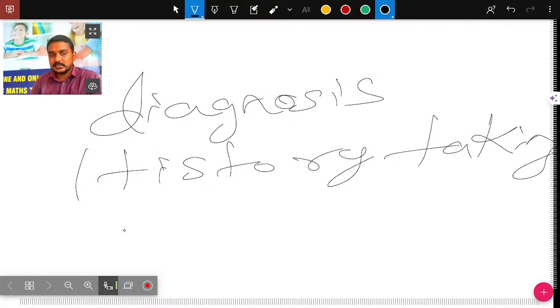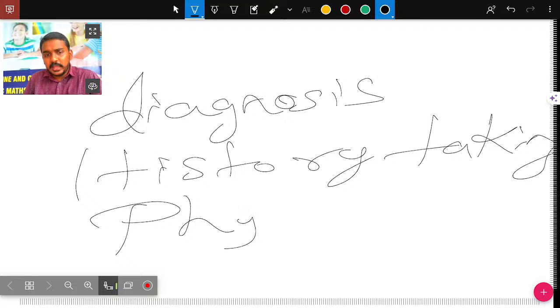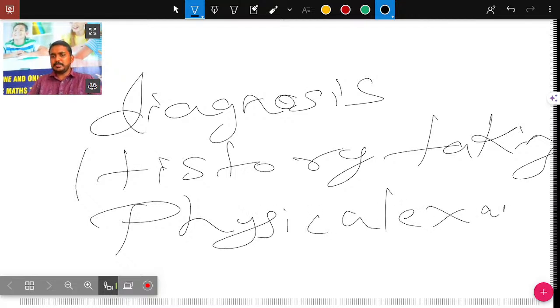And the next thing is physical examination. As you know, for any disease, by carefully examining the clinical features, physical examination plays an important role in the diagnosis. So these two things are common for any disease. In any case you can write history taking and physical examination.